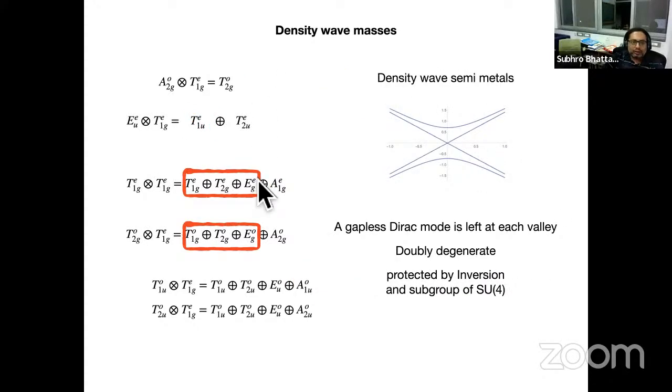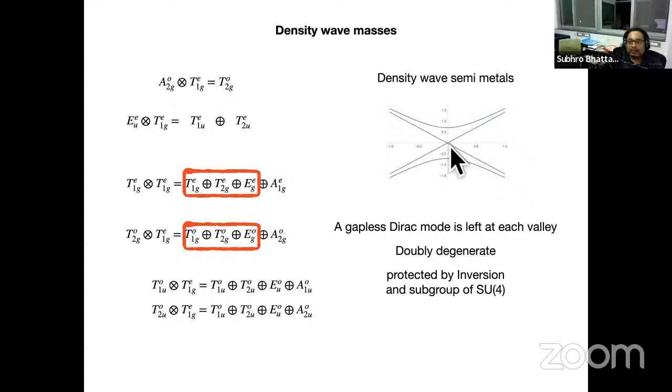But there occurs one interesting kind of order. We have four flavors of Dirac fermions, but some of these masses, or some of these bilinears, do not gap out all of them, only a subset of them, in the sense that they do not completely break the SU4 but break it to a subgroup, and the subgroup of SU4 protects some of the remnant Dirac nodes.